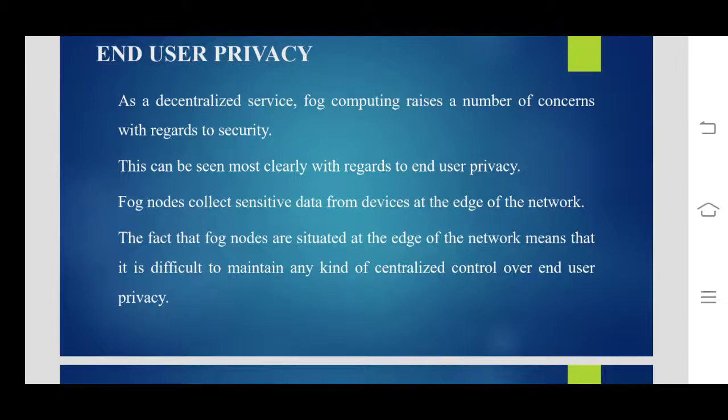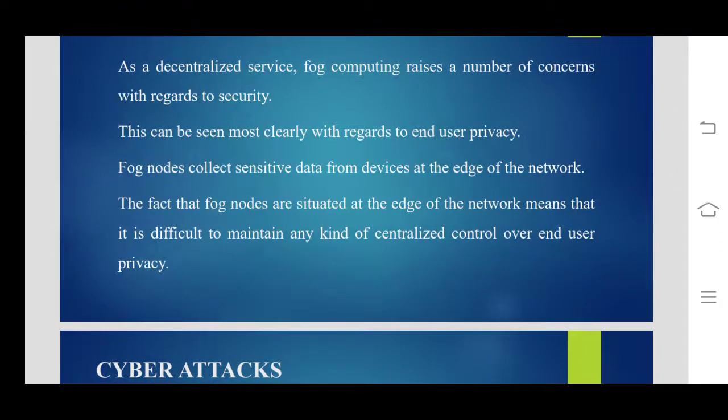Fog nodes collect sensitive data from devices at the edge of the network. The fact that fog nodes are situated at the edge of the network means that it is difficult to maintain any kind of centralized control over end user privacy.